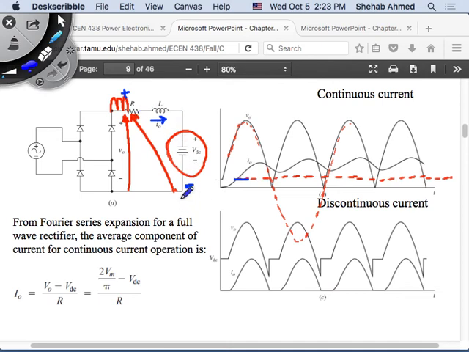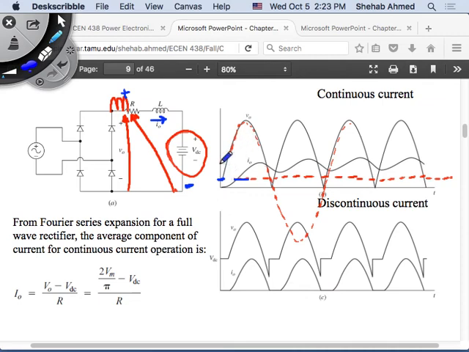What is the voltage across R, L, and source if there is no current flowing in this circuit? Come on. It's the DC voltage. It's the DC source voltage, right? And that's what we have here. Initially, the output is this DC value, right?